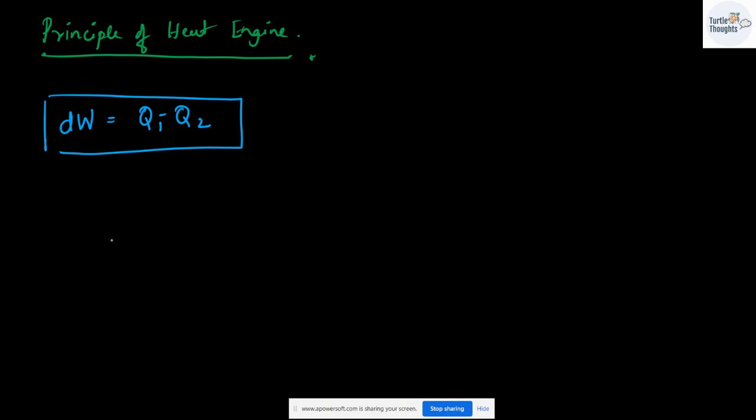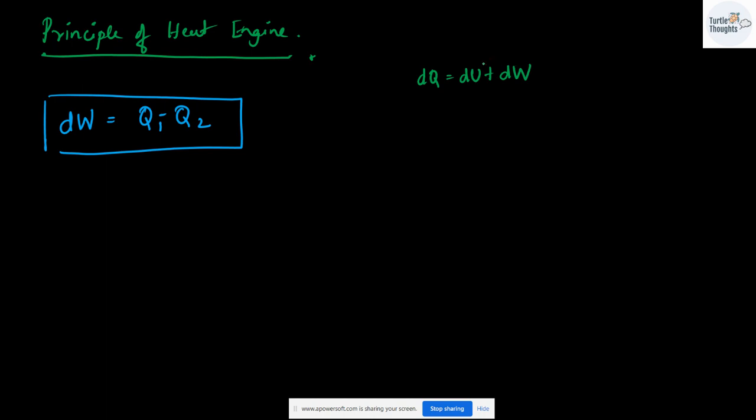Now, how can I get this equation? It is very, very simple. From the first law, I know that dQ is going to be equal to dU plus dW. Now, what is the net amount of heat absorbed going to be?